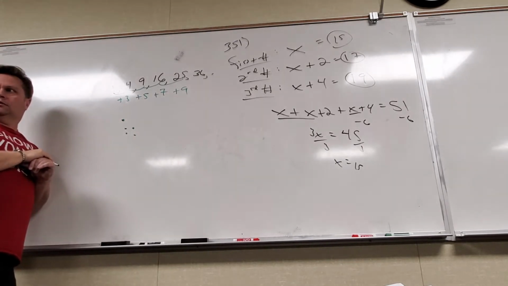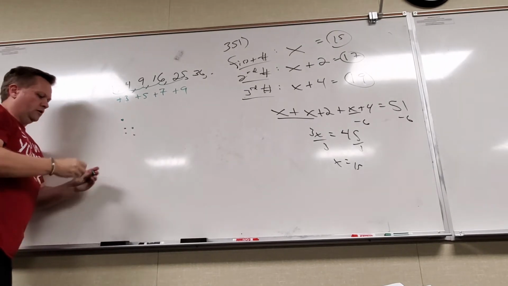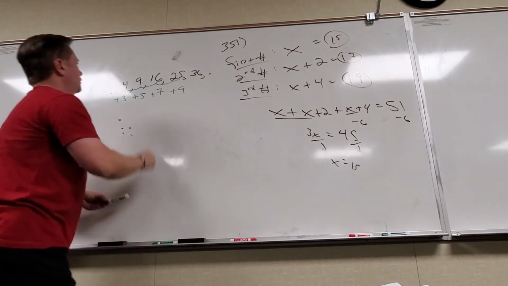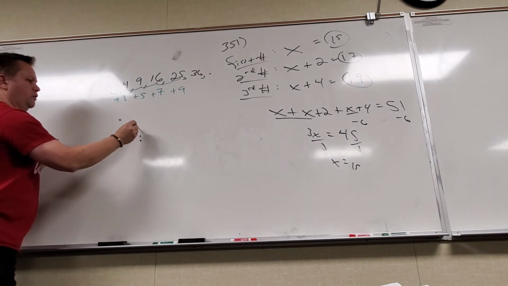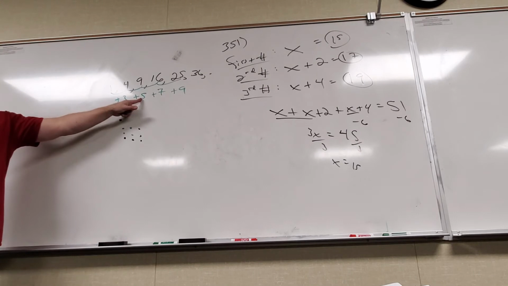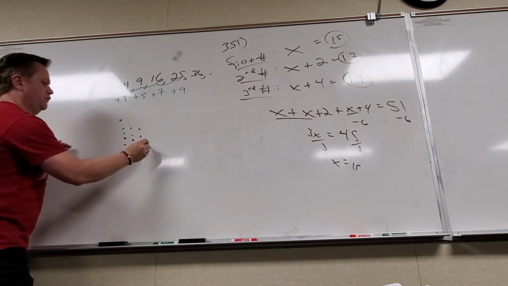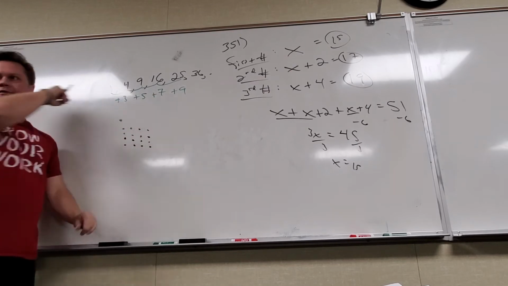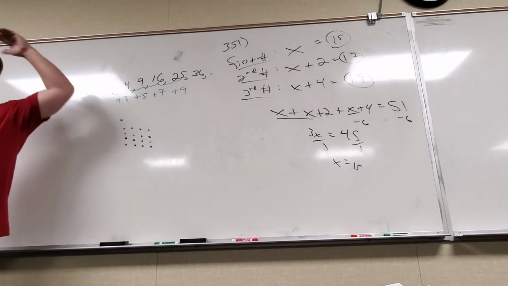How many more dots are there from here to here? 3. How do I make 3 squared? I would put 1, 2, 3, 4, 5 dots, plus 5. Then to make 4 squared, 1, 2, 3, 4, 5, 6, 7 more dots. Because that's the visual idea behind what I see here.